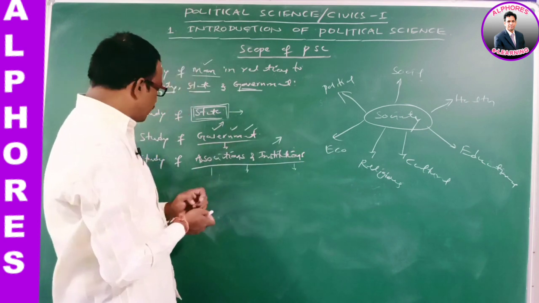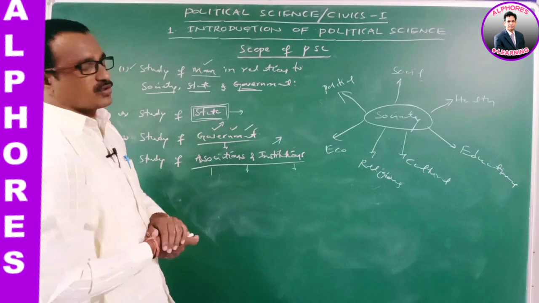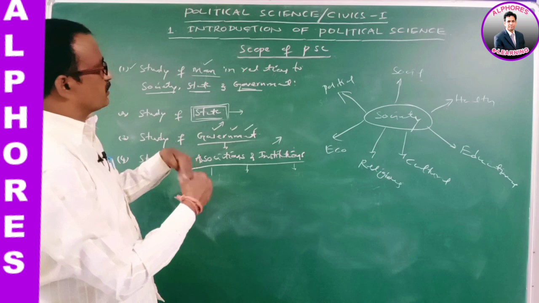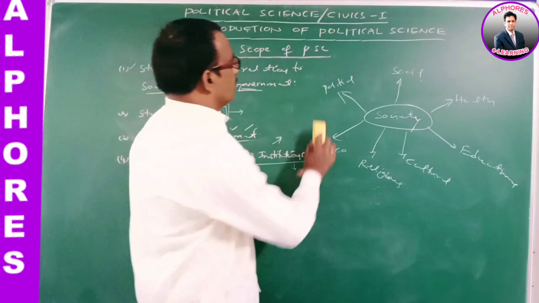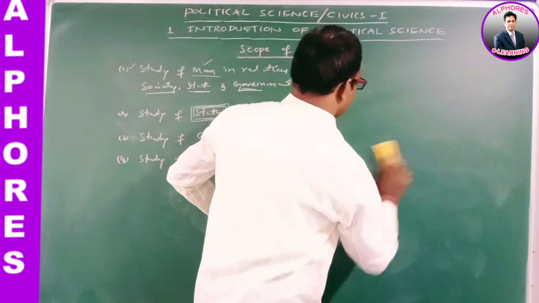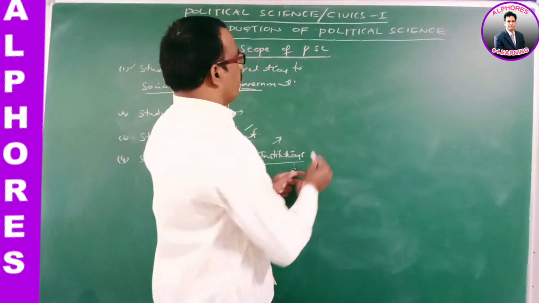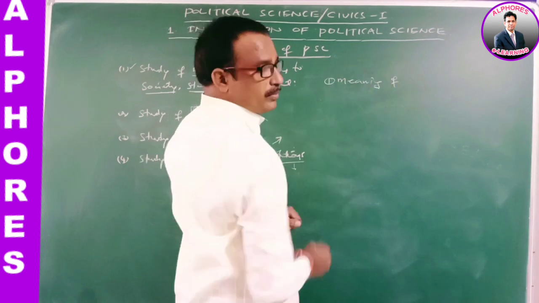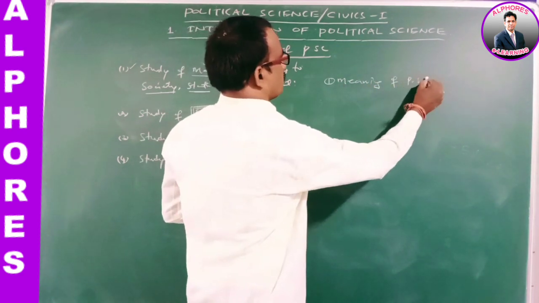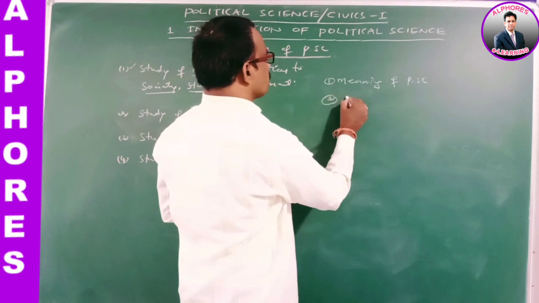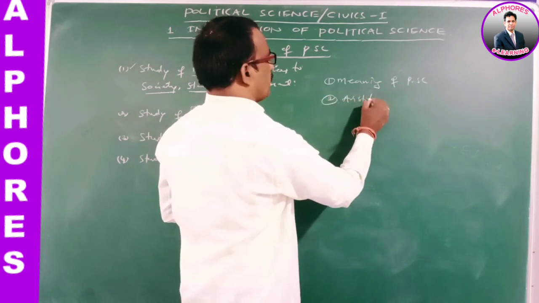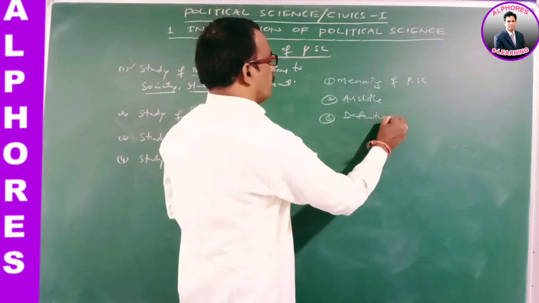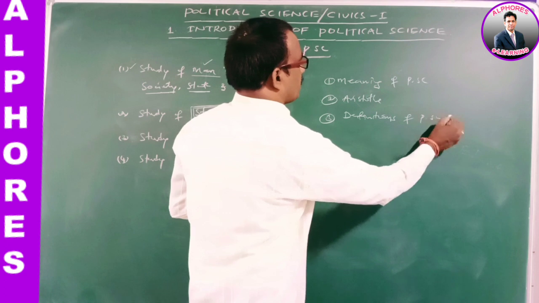Dear students, so with this I am going to stop this class. Before stopping, I am revising the important points of this class. Which points we discussed in this session? 1. Meaning of political science. 2nd, about Aristotle. 3. Definitions of political science.